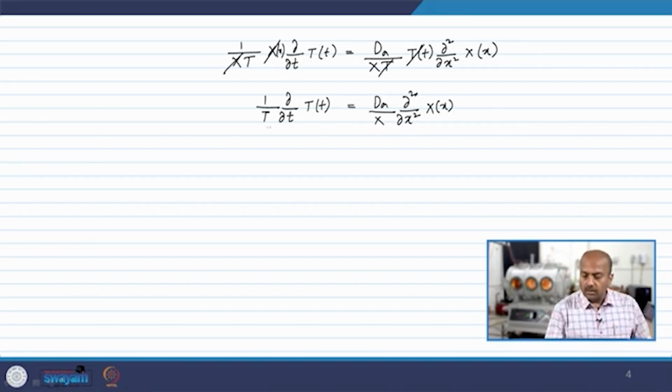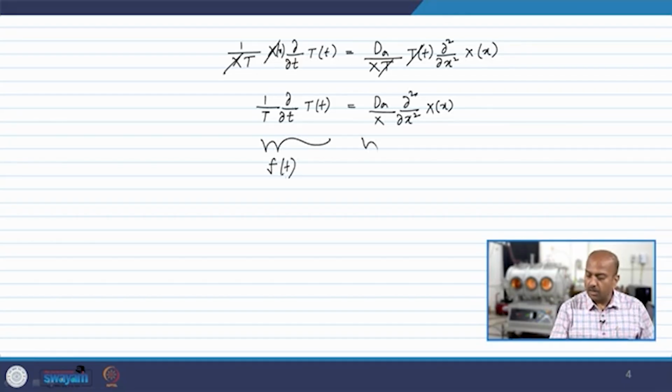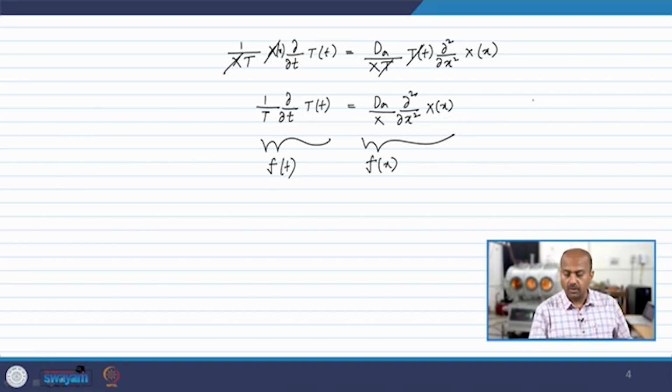Now, what you have is the left hand side only a function of time and the right hand side only a function of x. What is the difference, by the way? How is it different from the earlier form of the equation? Let us bring it. Okay, we have dou by dou t of n, which is equals to dA del square n, right. You see this?